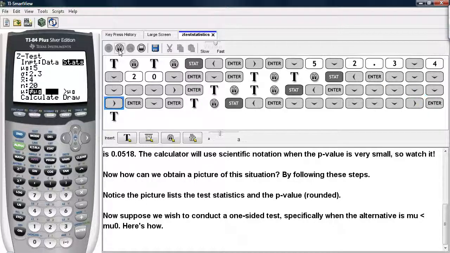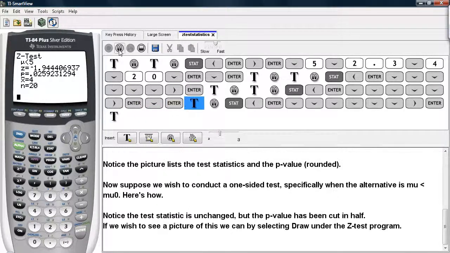We highlight the left-sided, or the less than, and then we ask it to calculate. And here, the test statistic is unchanged, but the p-value is now about 0.026. This is half of what we saw when we did the two-sided alternative.